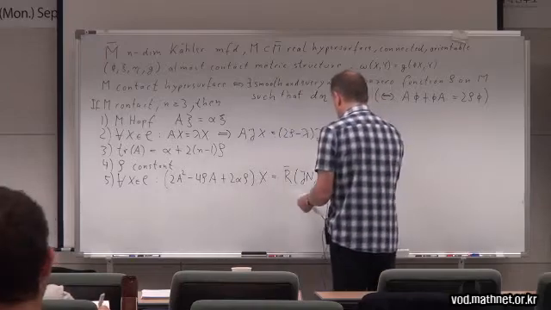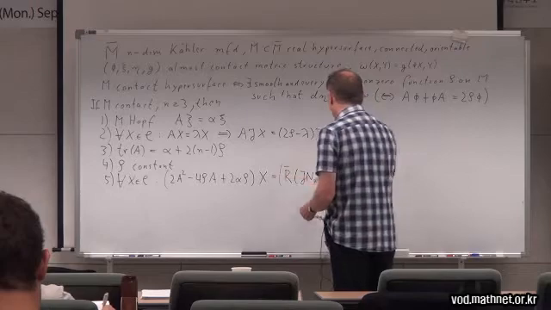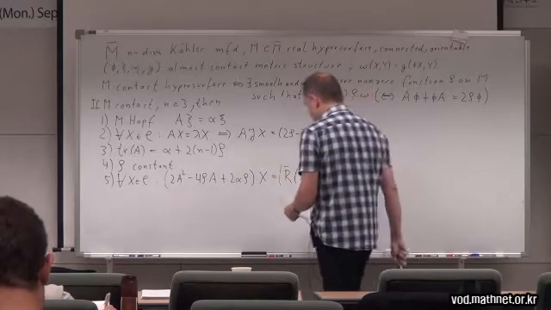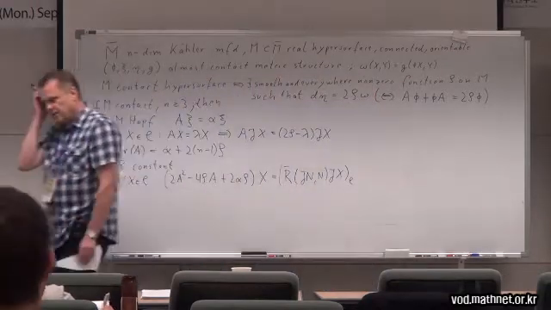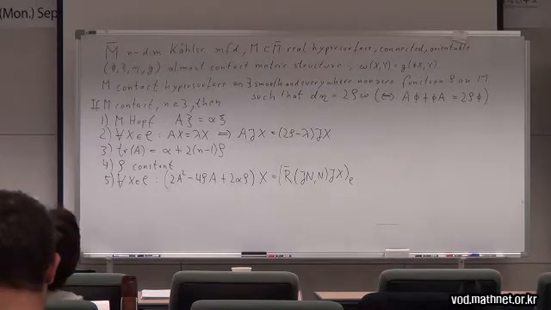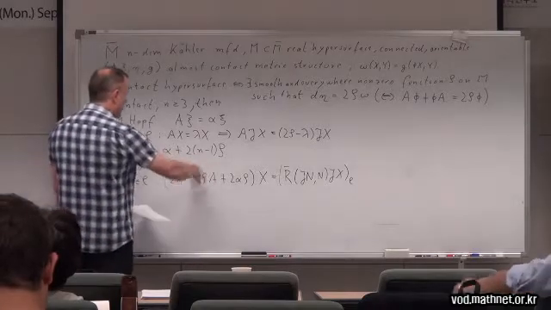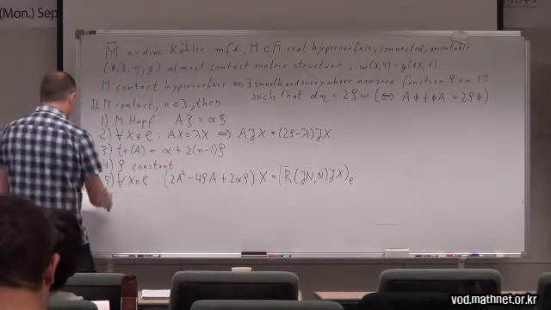It's R bar of Jn, n, Jx, and then taking the orthogonal projection onto the contact distribution. So this will give us some equations for principal curvatures.